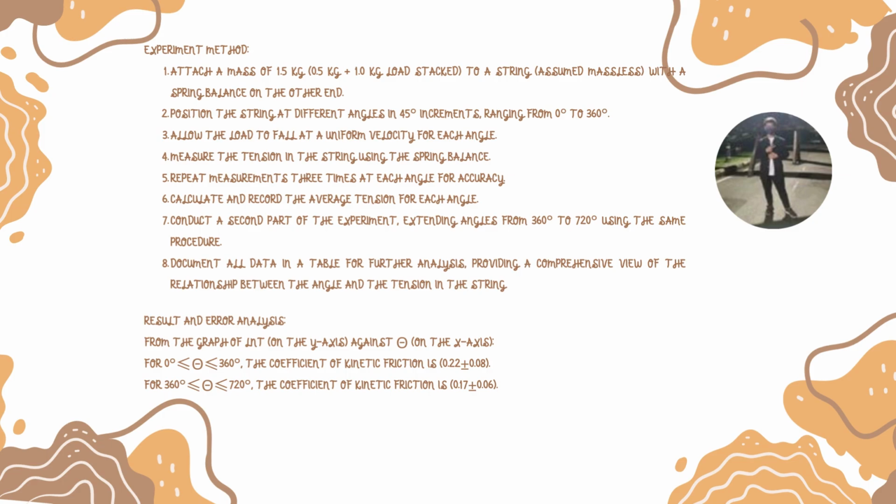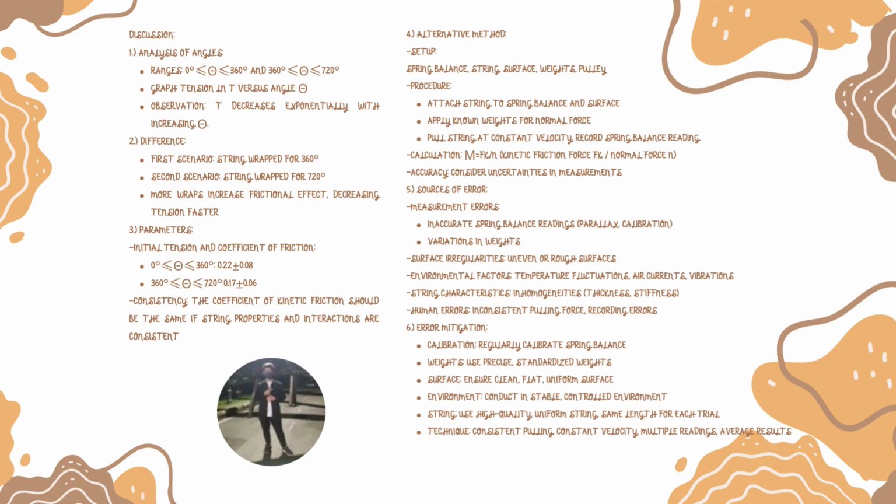Discussion. For the experiment, two ranges of angles were analyzed: 0 degrees less than or equal to theta less than or equal to 360 degrees and 360 degrees less than or equal to theta less than or equal to 720 degrees. The data from these ranges can be plotted on graphs of tension T against angle theta.